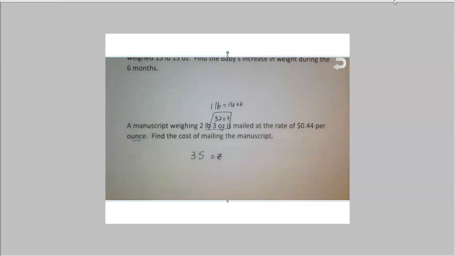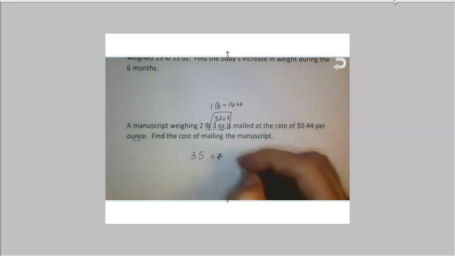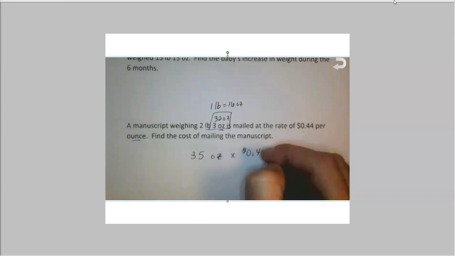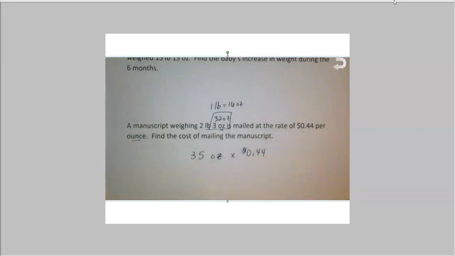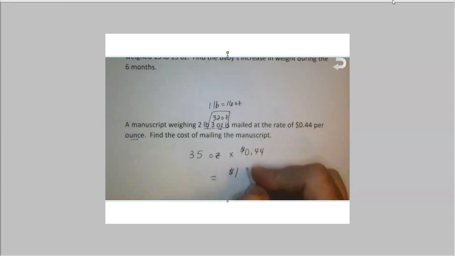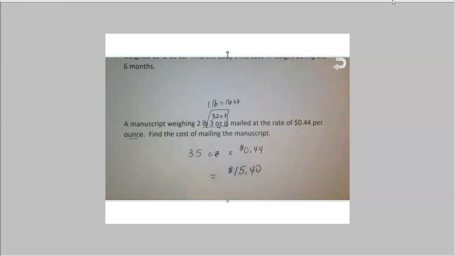So that's how much this package weighs, and it's going to cost me 44 cents per ounce. So I'm going to need to multiply that together to find the total cost for this manuscript, and that number is going to be $15.40. So we had to convert it to a different unit of measure and then use that answer to find out the cost.